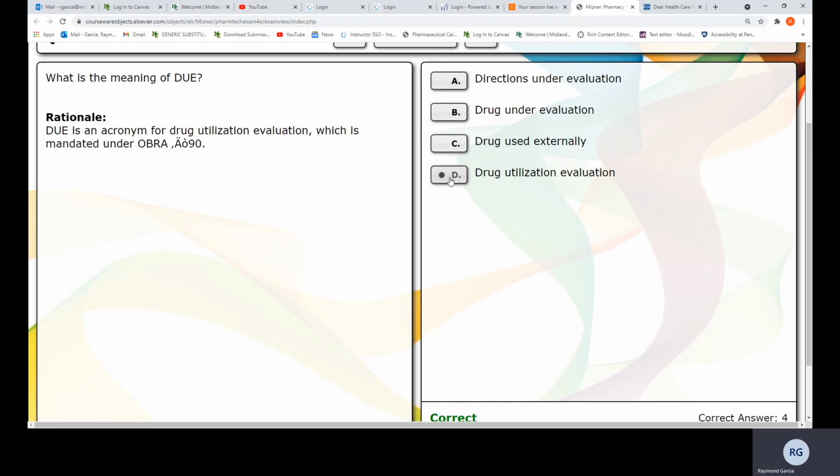The wording. DUE is an acronym for Drug Utilization Evaluation, which is mandated under OBRA 90, which pretty much only allows the pharmacists to counsel patients.